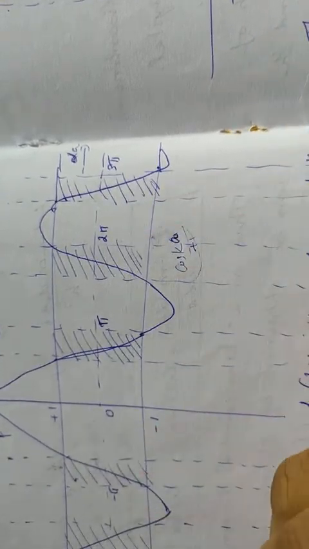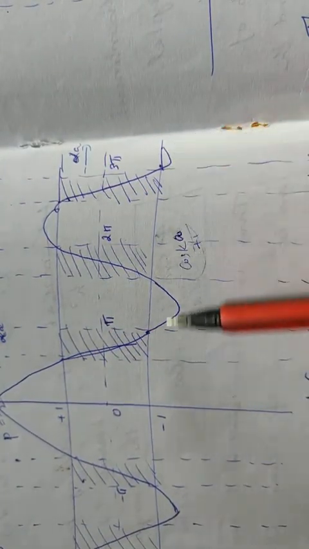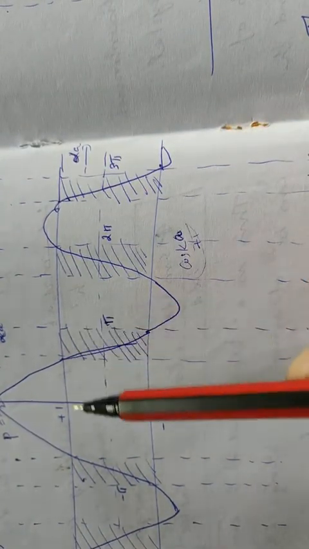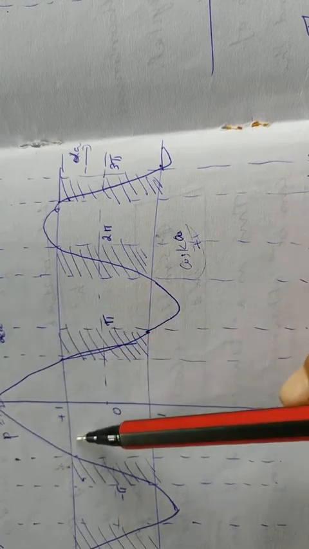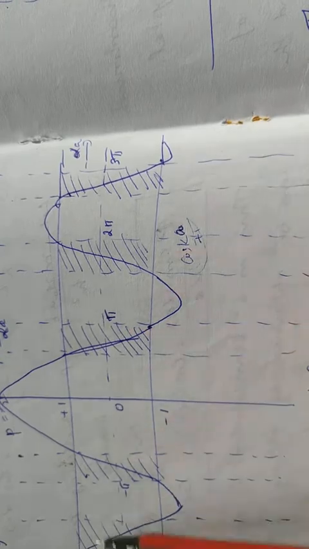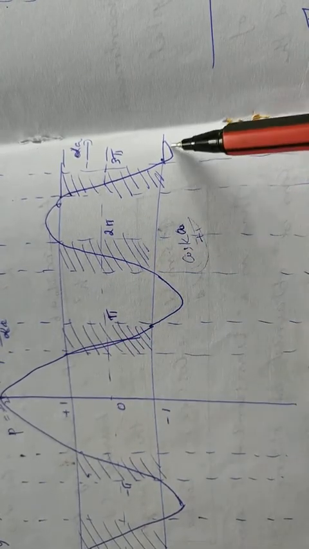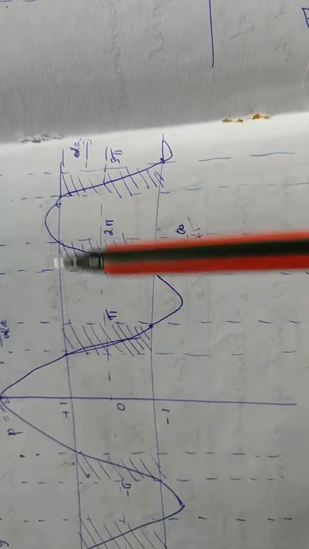So this is the boundary determined by the cos function. The value of the cos function can vary in between these two boundaries, that is +1 and -1. So I have fixed a boundary for this cos function.